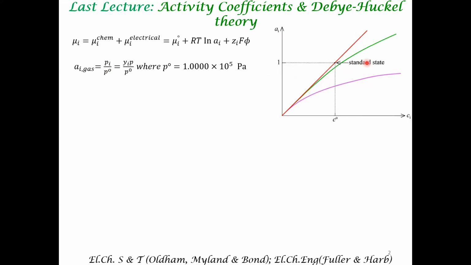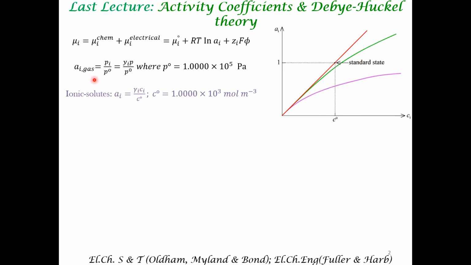The green curve is the activity for non-electrolytes, and this purple curve is the activity for electrolytes. What you should observe is that at low concentration, activity is equal to concentration. However, as concentration increases, the deviation from this linear line is more and more, and it's much more for an electrolyte compared to a non-electrolyte.